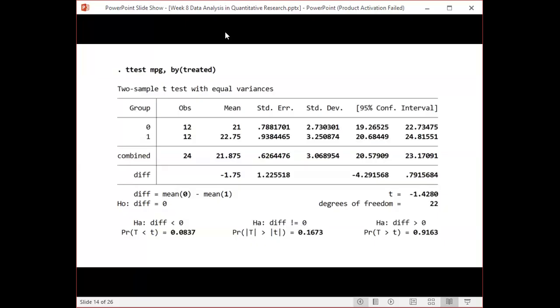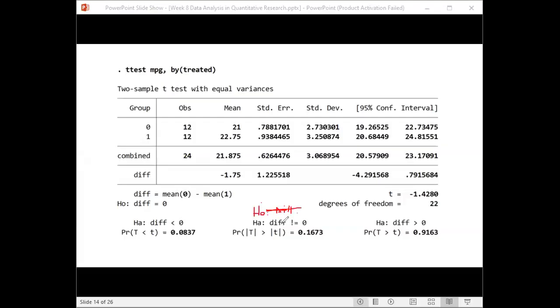It means that H0 in this instance is the difference is equal to 0, and then the HA is saying that the difference is not equal to 0.